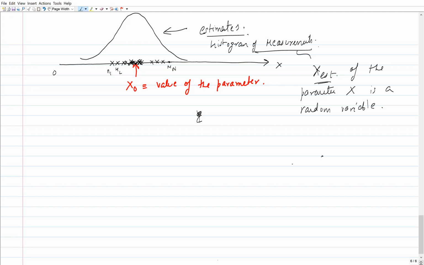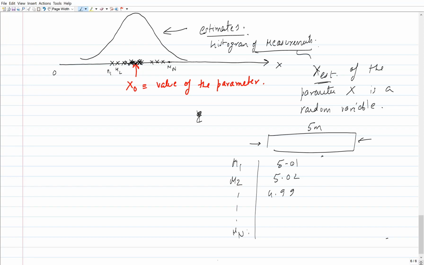This can happen, for example, when you're measuring a length. Let's say you're trying to measure a stick which is in reality 5 meters. You might measure 5.02, 5.02, 4.99, and these are all your measurement records. What we are assuming is that the measurement record is clustered around the actual value of the parameter as a Gaussian variable.